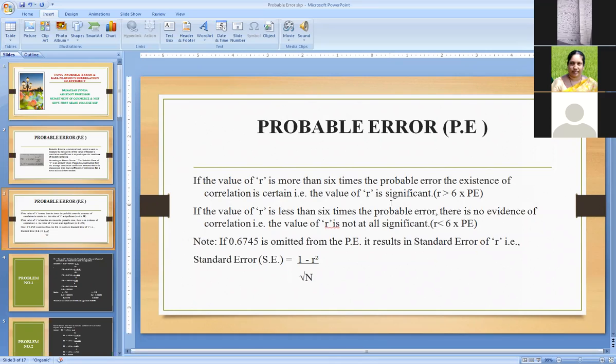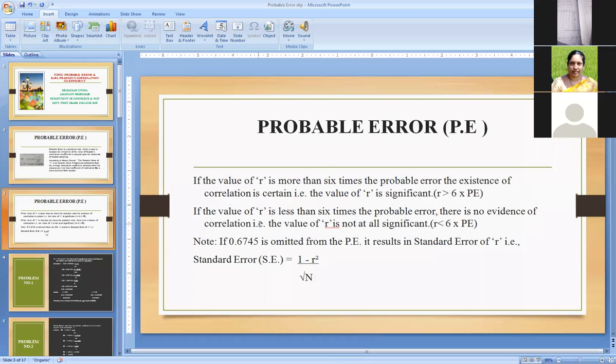So first you calculate the probable error, then multiply with 6, then compare with the correlation coefficient value. If the correlation value is more than 6 PE, then r is called significant.